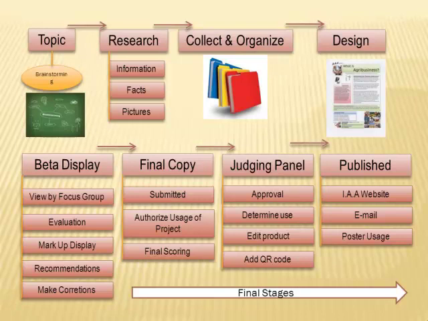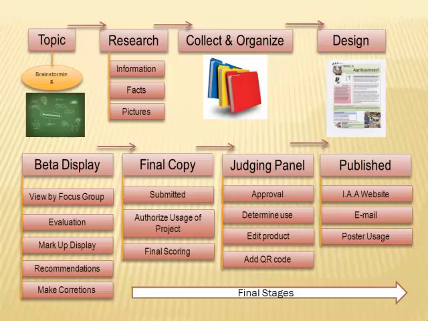But in a business world, you would have what they call a beta display, which basically you would use focus groups and you evaluate it, make recommendations, and you change it by using other people's look and seeing what they would like to see. Then you make a final copy, which you would submit, then get authorization, get the final scoring on it.